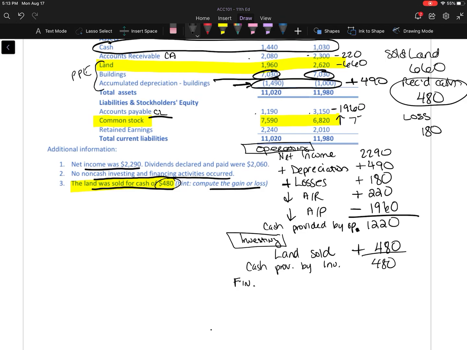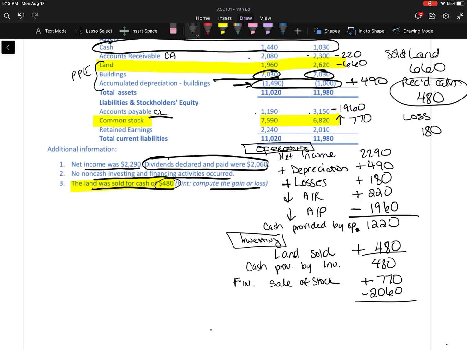So if I look at my stock, it does look like we went from $68.20 up to $75.90. So stock increased by $770. That means we sold stock, so we must have received cash. Okay? So sale of stock, that's going to be $770.